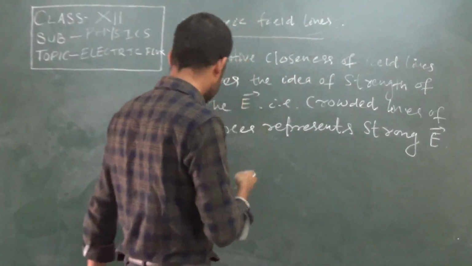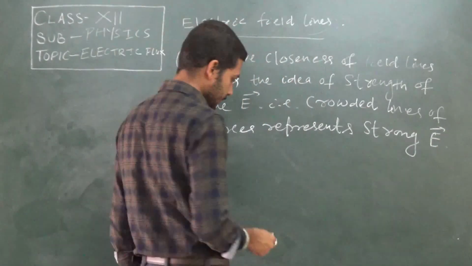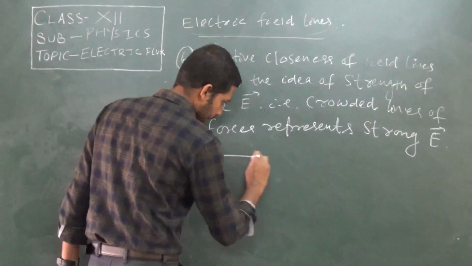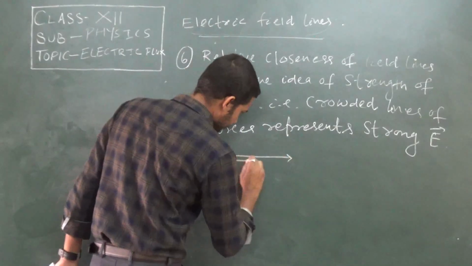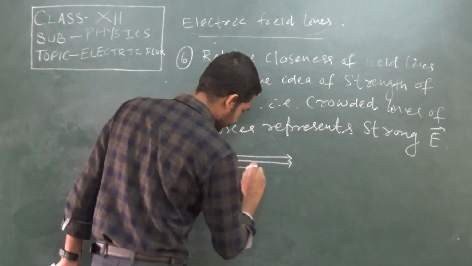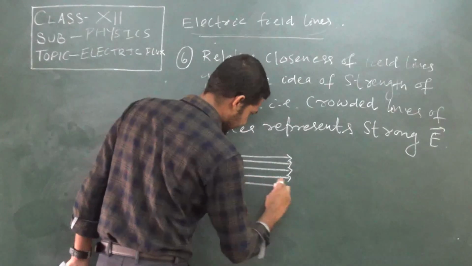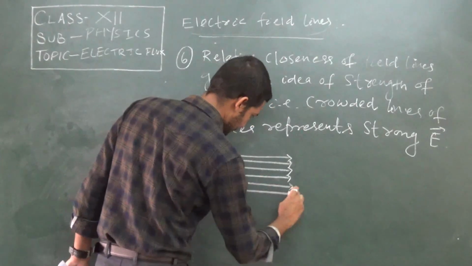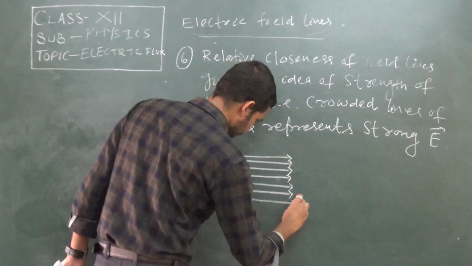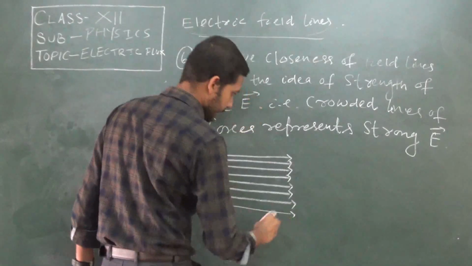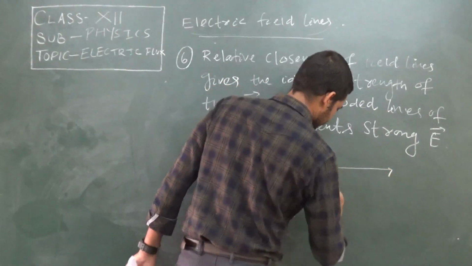So, like for example, let us say here I am having lines of forces like this. They are very near to each other. Let's say here I am having lines of forces like this.